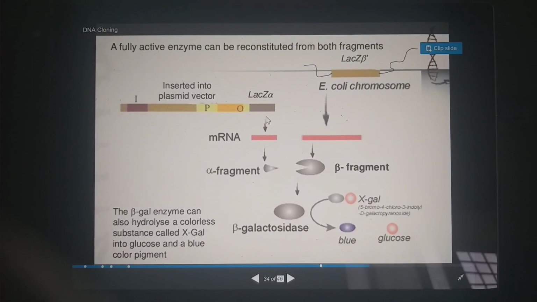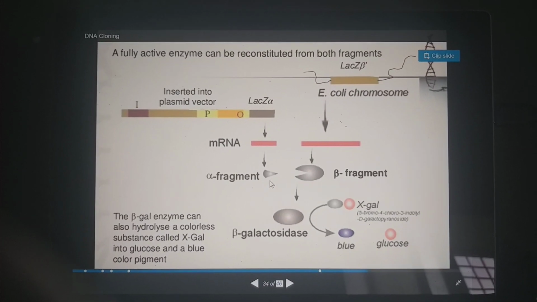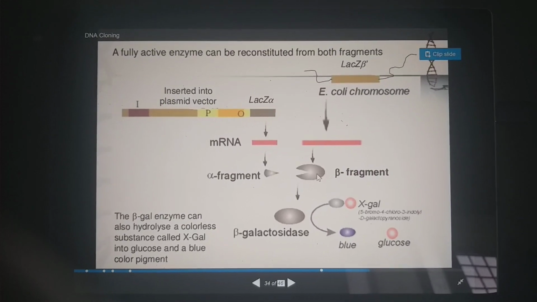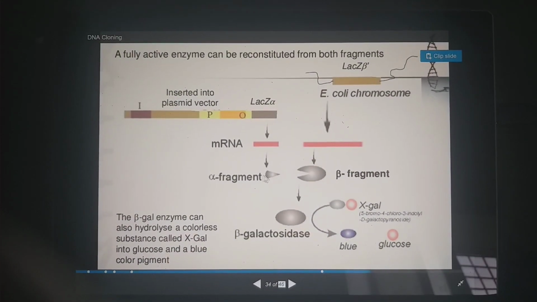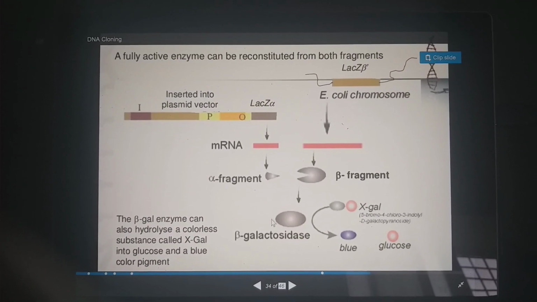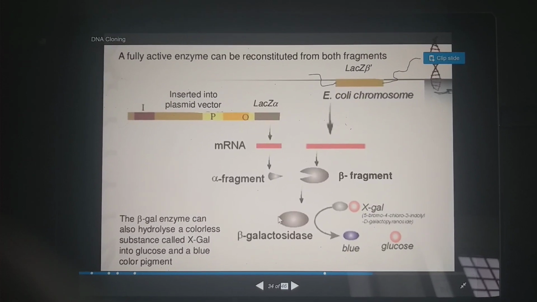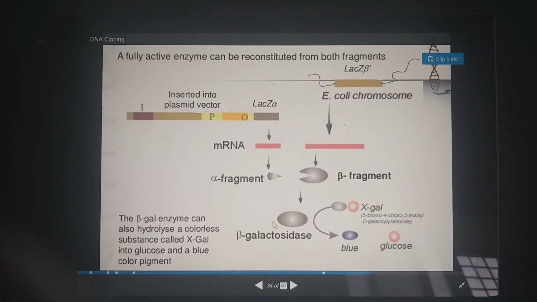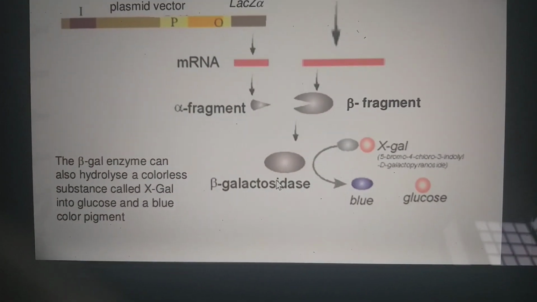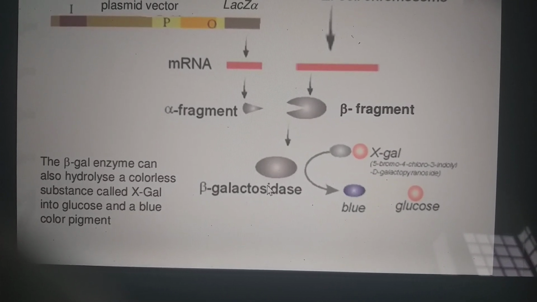As I explained, this is the alpha fragment of the lacZ gene, this is the beta fragment of the lacZ gene, and whenever alpha unites with beta, you will get the complete beta galactosidase, that is the active enzyme, and it is capable of carrying out hydrolysis of lactose. In addition to lactose, it acts on X-gal also.